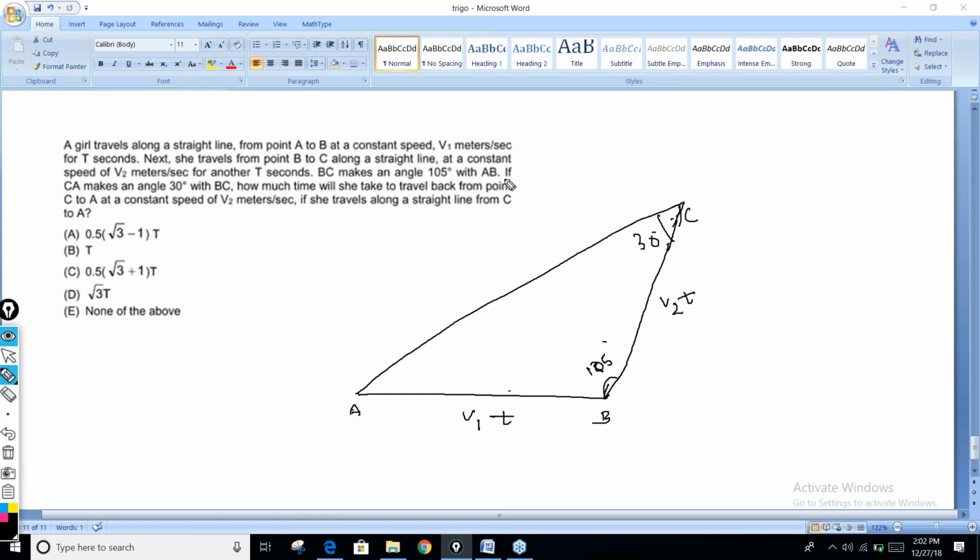How much time will it take to travel from C to A at a constant speed of v2? And we need to find out the time, which we do not know. Let's say the time is n. We need to find out n.